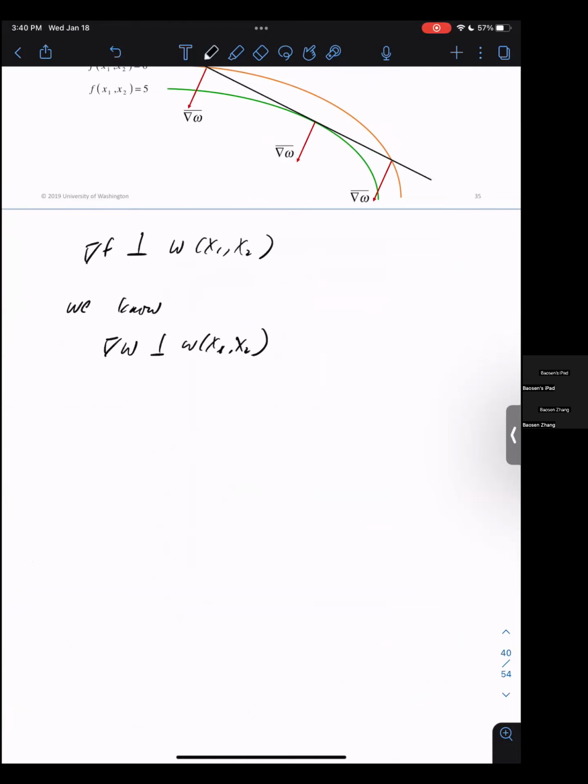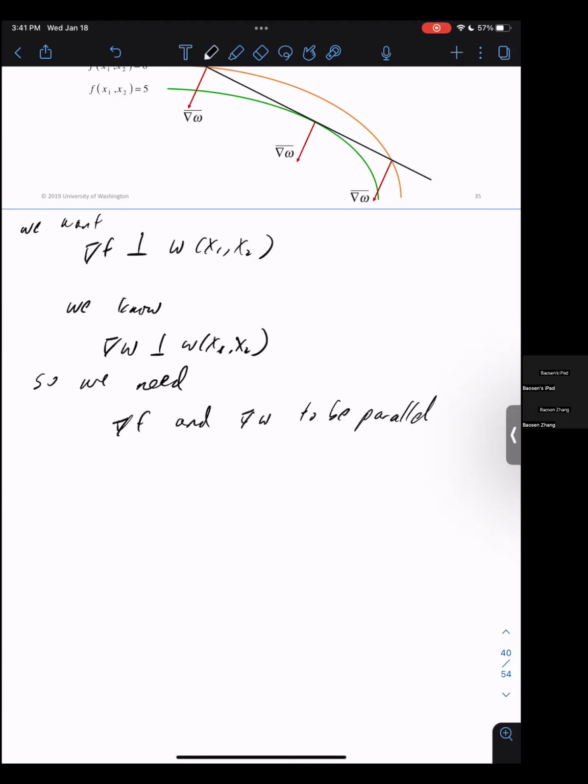So what we need is for these two to be parallel to each other. I want to be perpendicular to this thing, and I know its own gradient is perpendicular to it. So I should be parallel to its gradient, such that I make the same angle to the constraint.